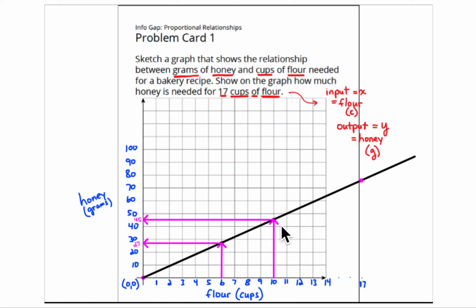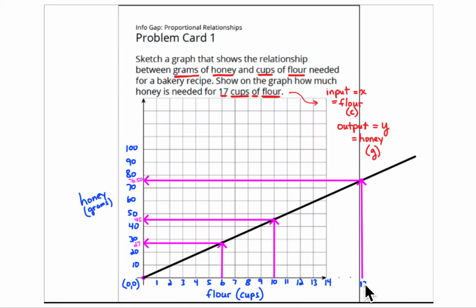I would connect the 45, 10, or the 10, 45, go out 10 units and then up 45 units with the 0, 0, because you're pretty sure that's placed in the right spot. And then you can adjust this point if it's not quite on the line. Okay, draw that line, and you would extend it way past here, and then you go down to the 17, and you draw an arrow up to that line at 17, and that's the point.